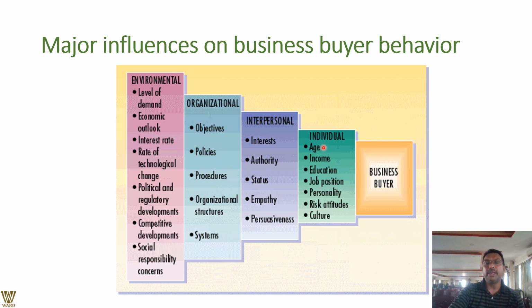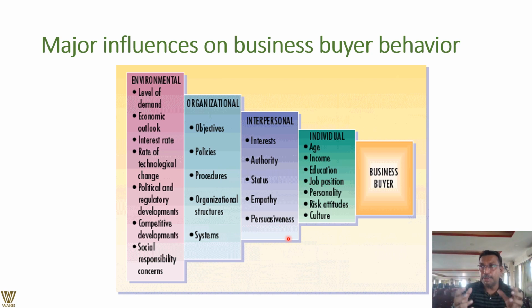Let's say we are talking about individuals in terms of age, income, job, education, personality, risk-taking capacity, attitude, culture. This is all about the individual, right? What about interpersonal: how does the person interact with the community, with their interest, with their authority, with their status, with their empathy, with their persuasiveness? This is the characteristic of an individual with interpersonal skill.